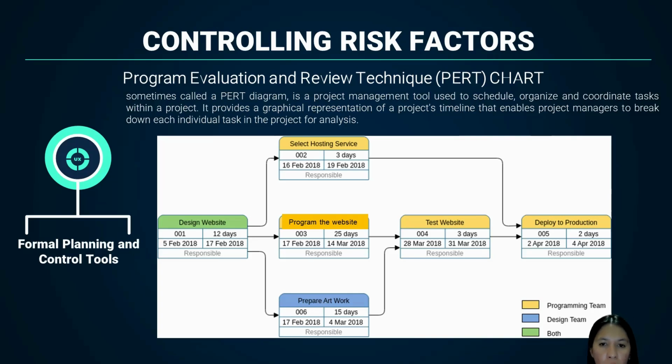Maybe in that span of 3 days, revisions will also be accomplished. And after testing the website, the project team can now deploy the system, which will last for 2 days. Deploying the system means it can now be accessed by any person across the globe.